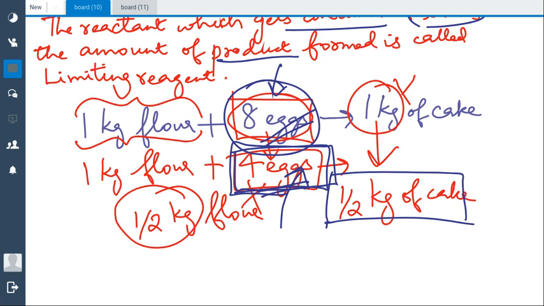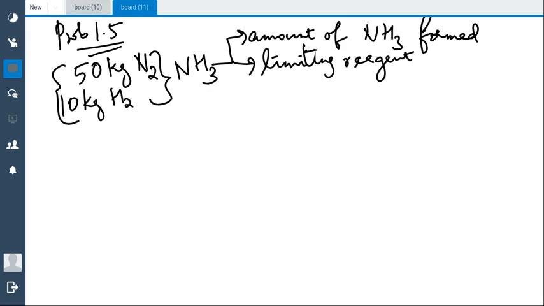So if you remember, to find out the amount of product, first we need to know the limiting reagent. So our first step will be to calculate the limiting reagent, and the second is to calculate the amount of ammonia formed. How do we calculate the limiting reagent?